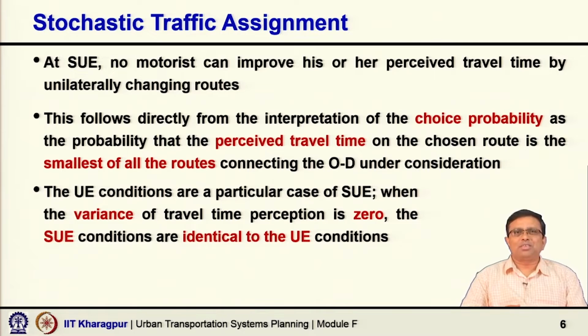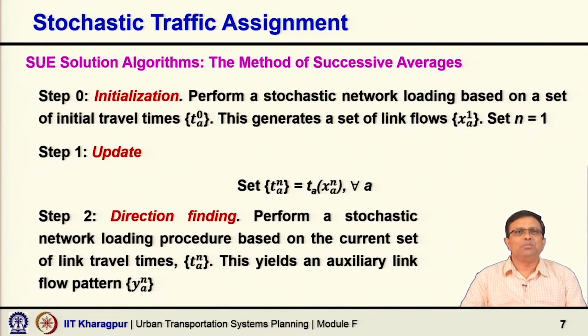So, without stochasticity is a specific case of stochasticity when the variability is 0. So, the UE conditions are a particular case of SUE when the variance or variation of travel time perception is 0. The SUE conditions are identical to the UE condition. You may call it UE, you may call it with capacity restraint consideration, you can call it DUE.